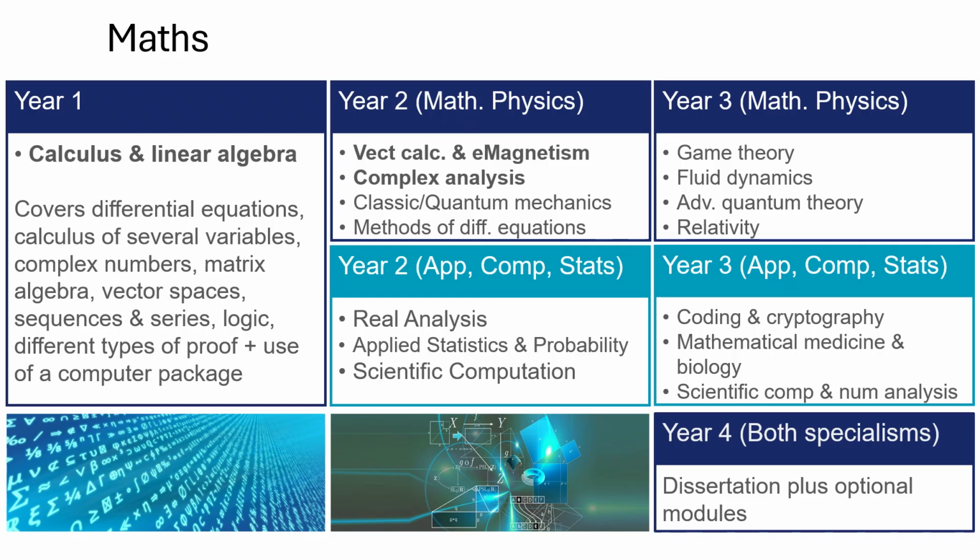You may also take modules of more applied subjects, so mathematical medicine and biology, for example. This module does not assume any prior biological knowledge, and it will describe how mathematics helps us understand topics such as population dynamics, biological oscillations, pattern formation, and nonlinear growth phenomena.